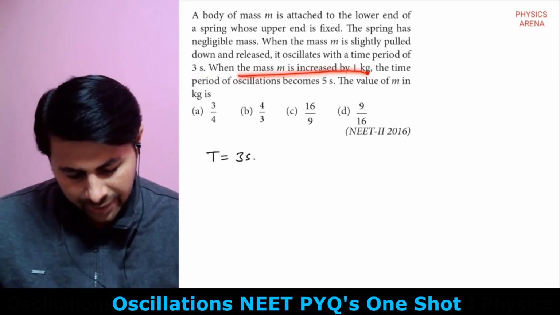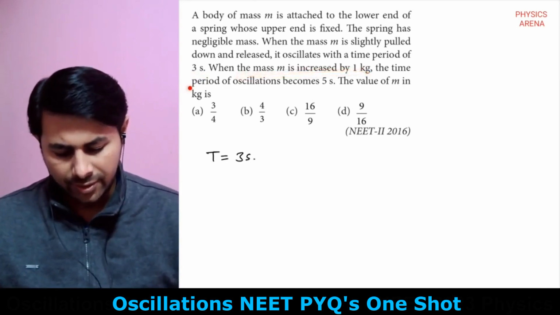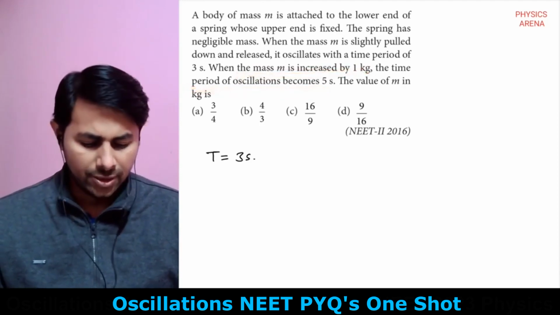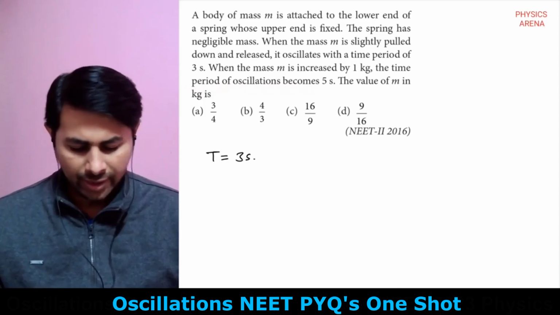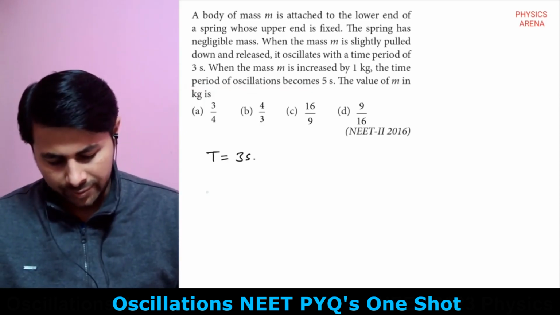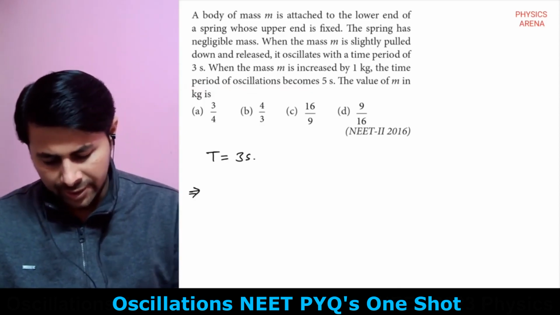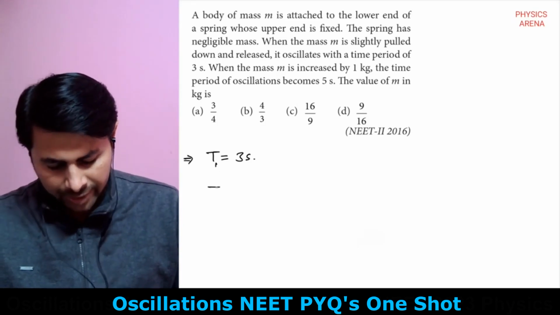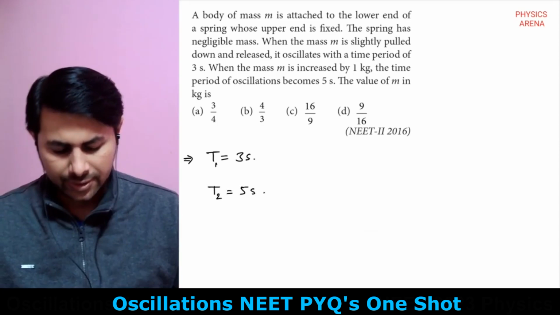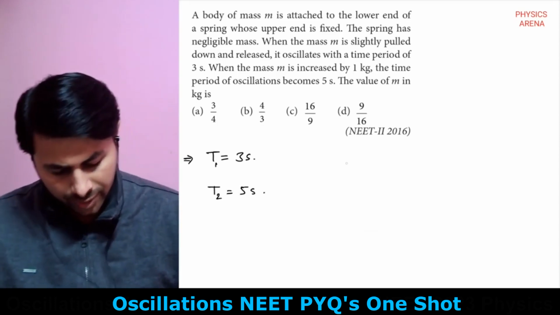When m is increased by 1 kg, then the period of oscillation becomes 5 seconds. The value of m in kgs is? So when m is increased by 1, T becomes what? 5 seconds, right?